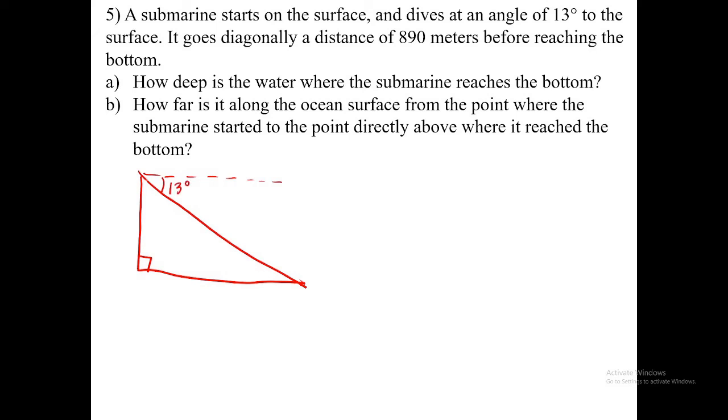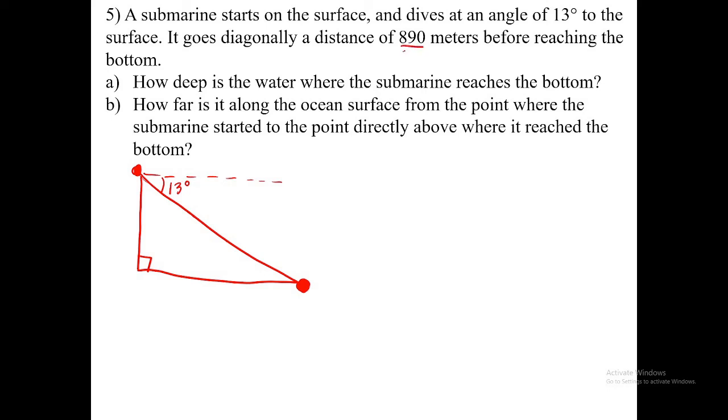This is the path the submarine takes until it reaches the base, the bottom of the water. So the submarine travels 13 degrees below the surface and then reaches the bottom part of the water.